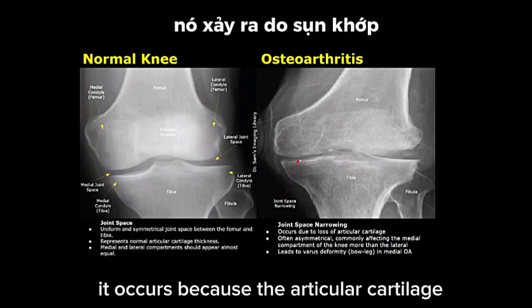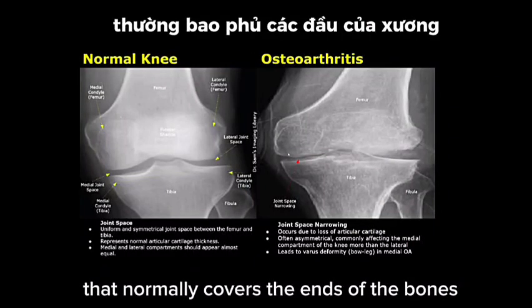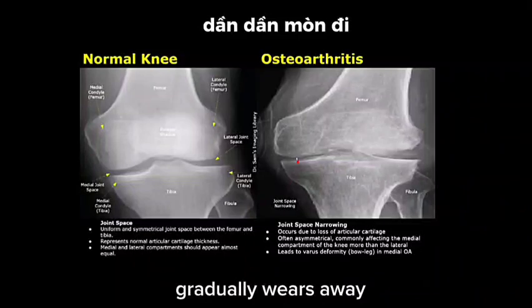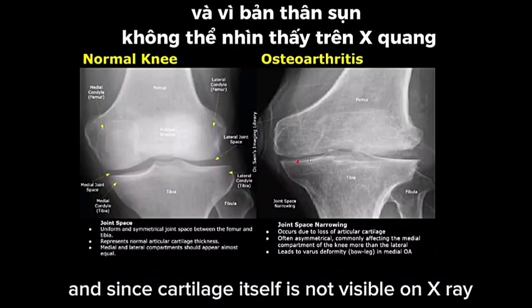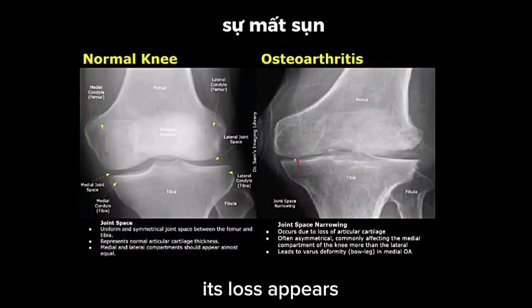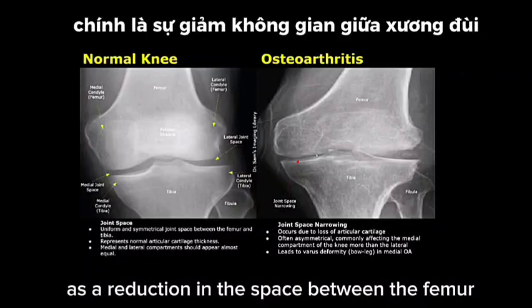It occurs because the articular cartilage that normally covers the ends of the bones gradually wears away. And since cartilage itself is not visible on X-ray, its loss appears as a reduction in the space between the femur and the tibia.